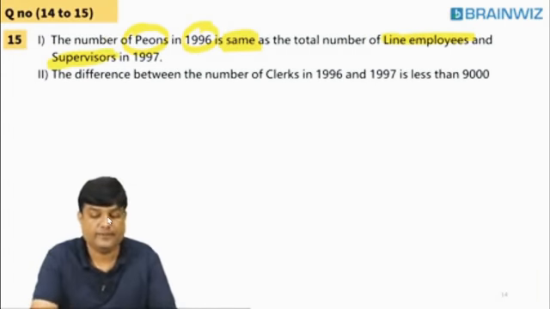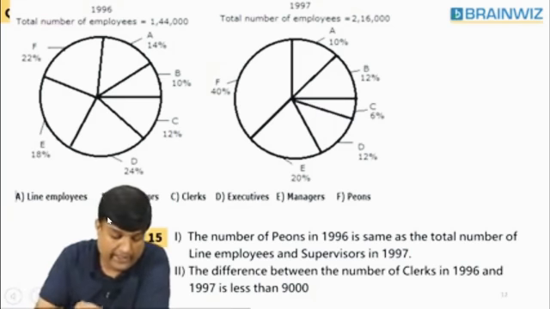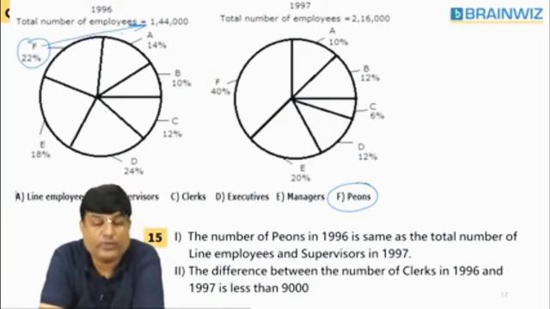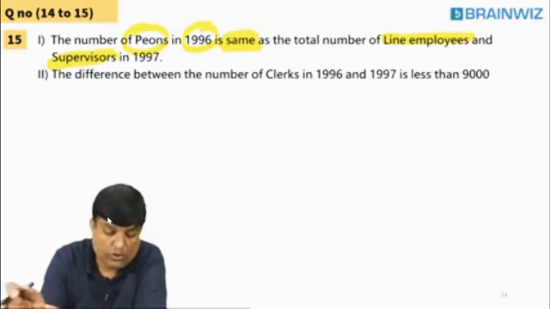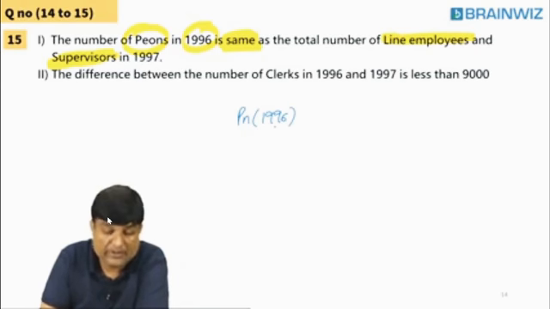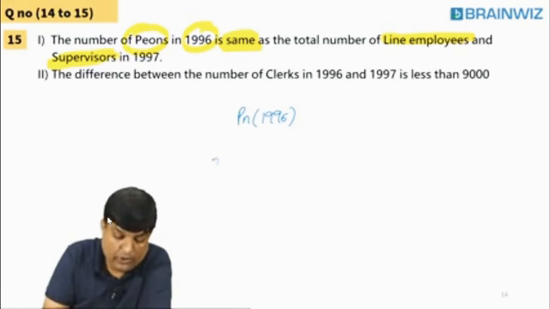The number of peons in the year 1996 means 22% of 1,44,000. So what's the percentage here? 22% of 1,44,000.